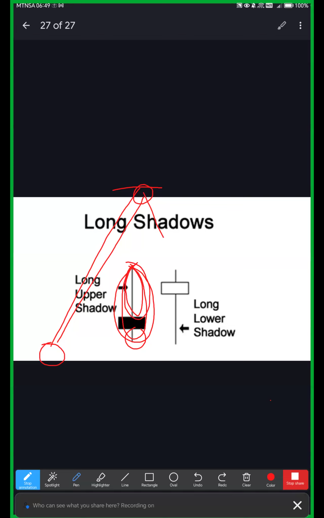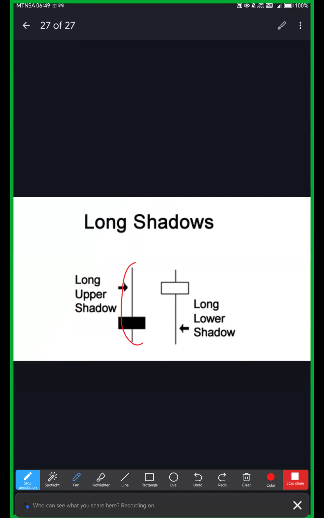If you find such a candle on top, at a level where price reacts when it touches, which we call a resistance level, this is a signal that sellers are resisting the price. They don't want buyers to continue pushing the price further up.